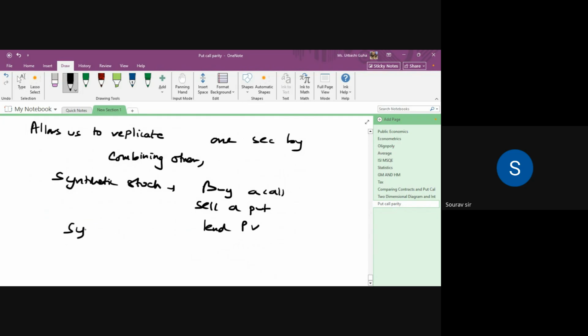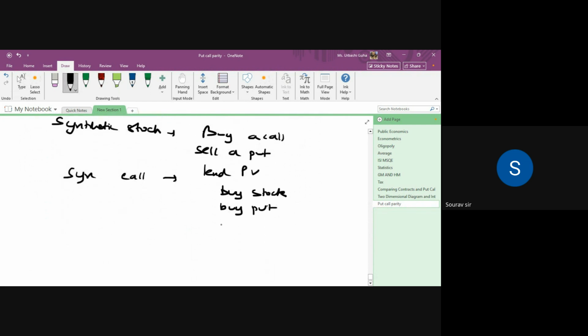If it is a synthetic call, then you buy stock, you buy put, and then you borrow the PV of strike and dividend. And similarly, for a synthetic put, you sell stock, you buy call, and then you lend.